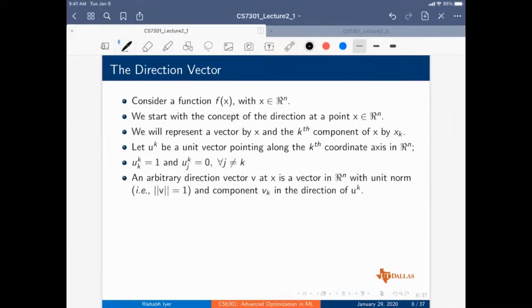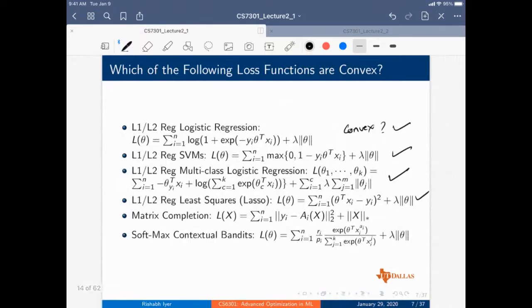Yes, Sanjay. Professor, are there machine learning functions used before deep learning that are non-convex but still work in practice? Yes. An example of this is PCA. PCA involves a non-convex optimization, but interestingly, you can show that you get the global minima in the case of PCA by reformulating the problem slightly.